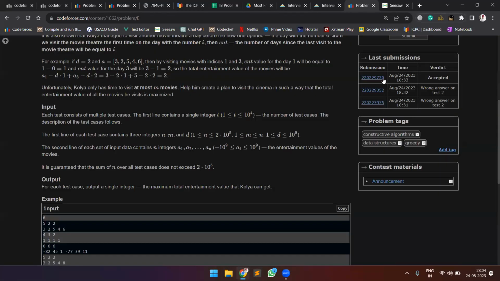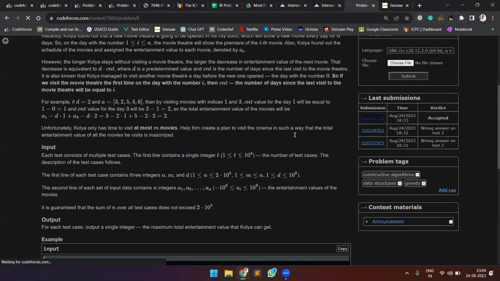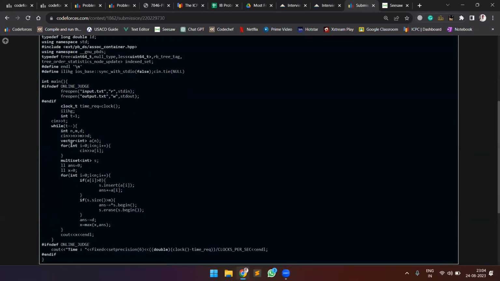I'll show you my solution once. I've taken a multiset here, S. Answer denotes the entertainment value till now, and X denotes the final answer. I take the maximum among all the answers over all the last days, so I have to iterate over all the days.